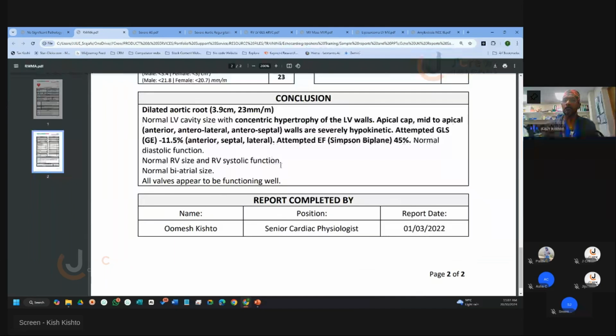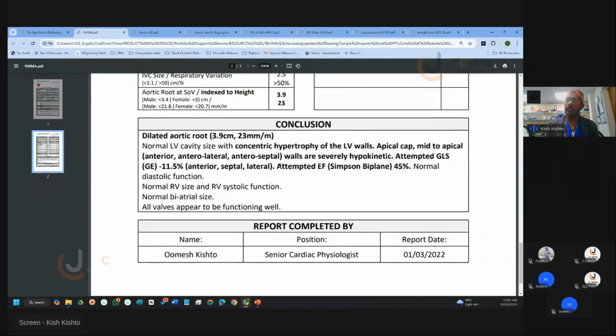Okay, so you can see, even though I was there to assess the regional motion abnormalities and also the LV function, I still did all my minimum data set and reported on them as well.